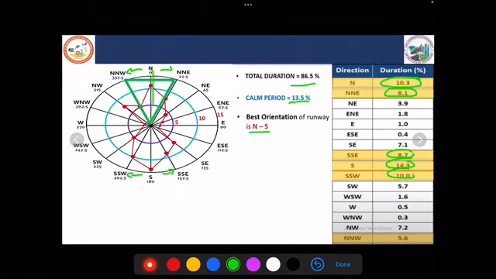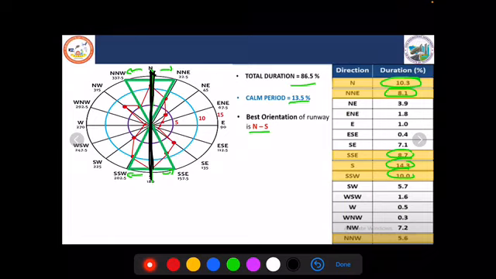If I locate the runway in the north-south direction, the total wind coverage will be equal to the shaded portion, the region highlighted in green color. That will be the wind coverage in that particular direction.